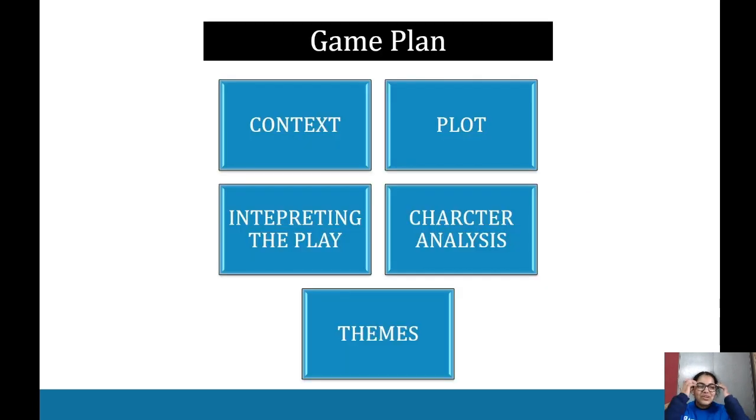So, let's get into our game plan for today. What are we going to do? Hopefully, this encompasses all that we wanted to get through today. So, we've got the context. We'll talk a lot about the context. There's a lot coming your way. Not a bad lot though, a good understanding of the context. Don't want to scare you off. We've got the plot. We will be interpreting the play.